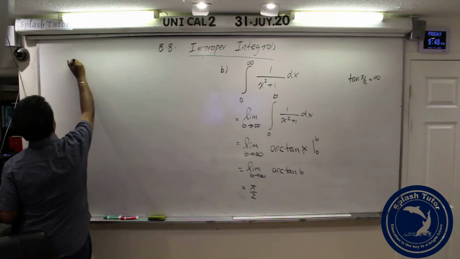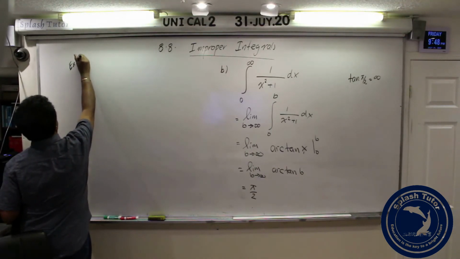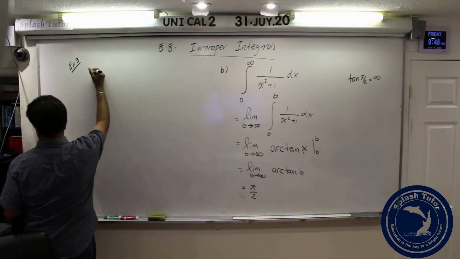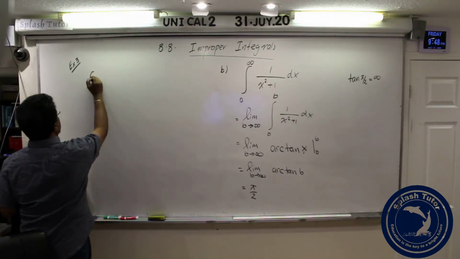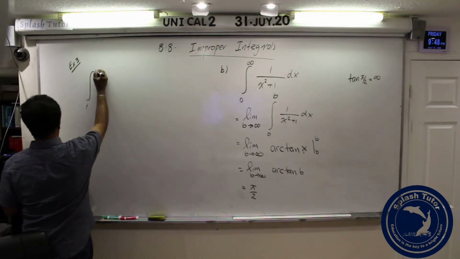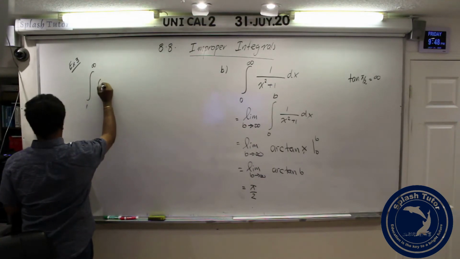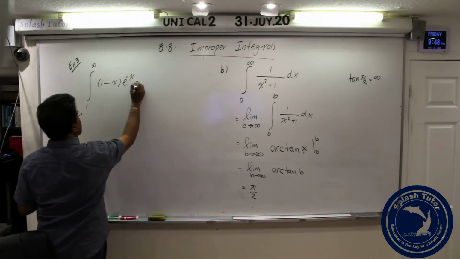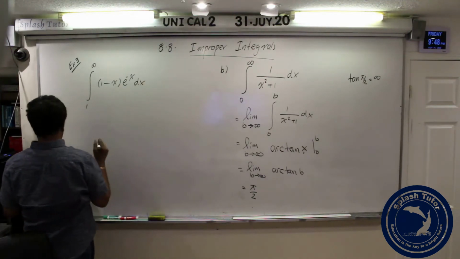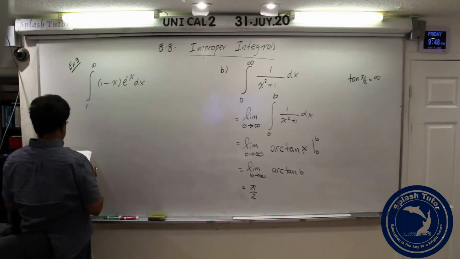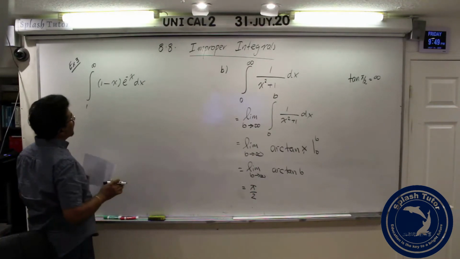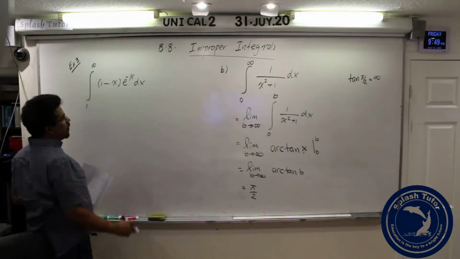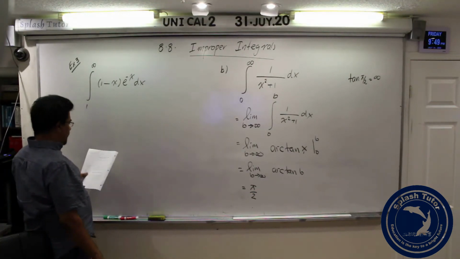So example 3. Now we integrate from 1 to infinity of (1 minus x) times e to the power minus x dx, right? Now if you have this kind of thing, you can use integration by parts, right?